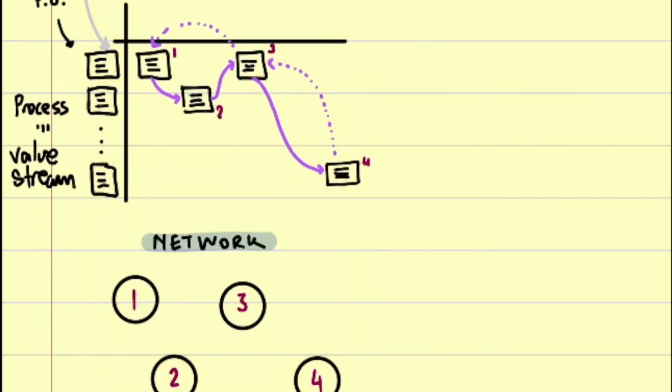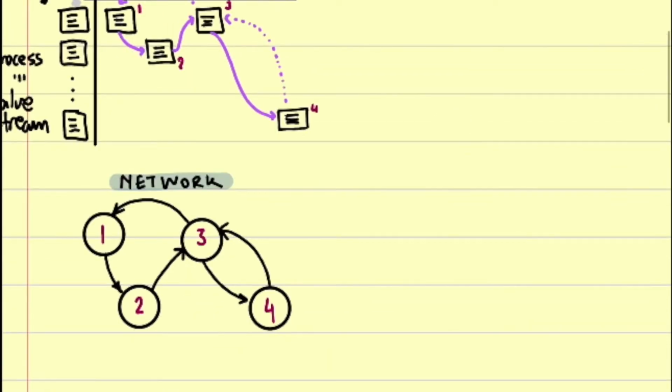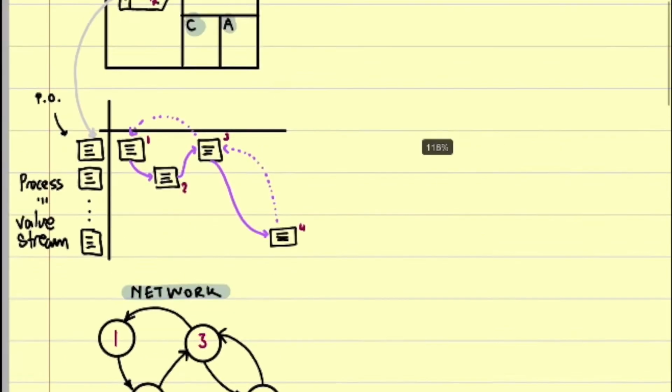So 1 goes to 2, and 2 goes to 3, and 3 goes to 4, and 4 goes to 3, and 3 goes to 1. So this is basically our network. Of course this can go to infinite.